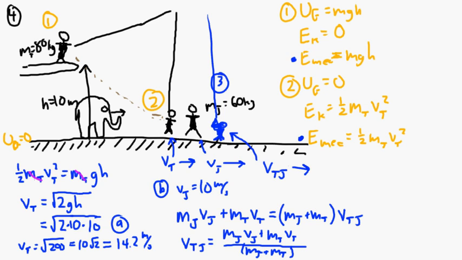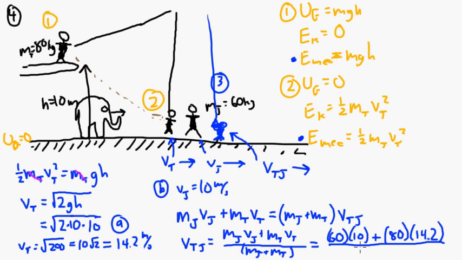So what this is going to end up being is, let's see, Jane was 60 kilograms going at 10, okay, plus Tarzan was 80 kilograms going at, from over here, 14.2. And then their total mass, so this is the total momentum of the system, total mass is 140 kilograms, 60 plus 80.